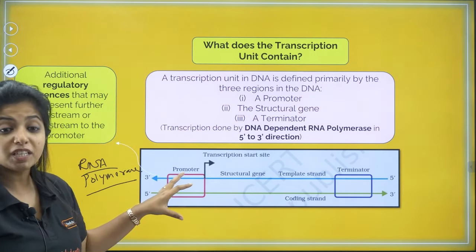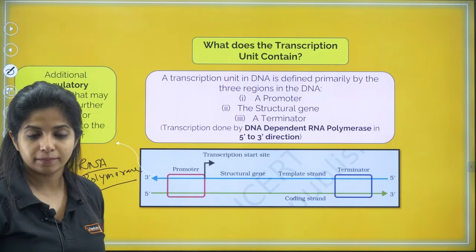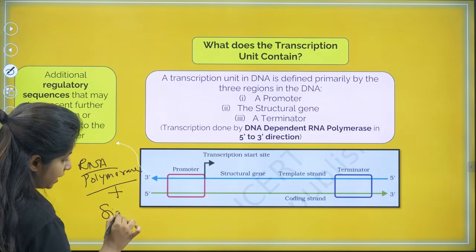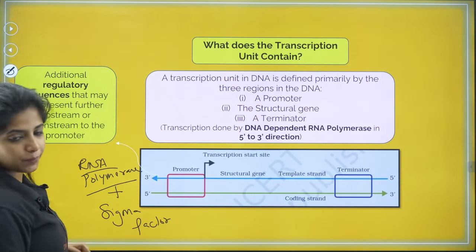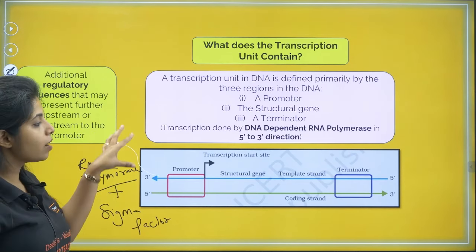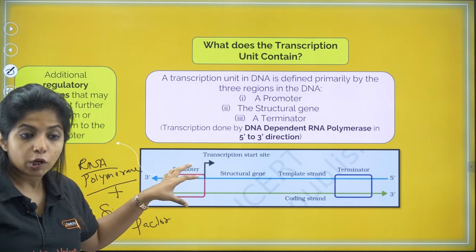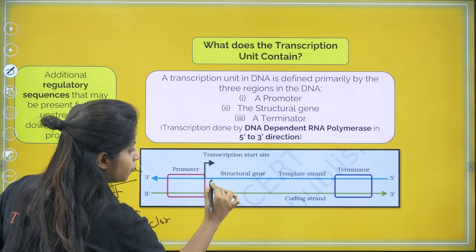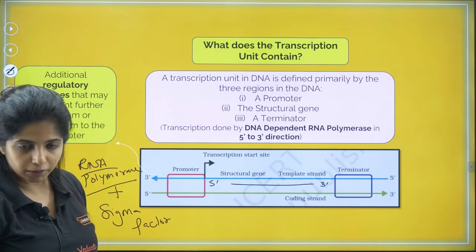The RNA polymerase specifically comes and binds only on the promoter region, and it does that when it combines with its friend that is known as sigma factor. So the RNA polymerase gets combined with sigma factor, and now these guys will come and attach on the promoter region. Now you can guess in which direction things are forming. This is 3' to 5', so it will be forming in 5' to 3' direction itself, just how DNA is being formed.